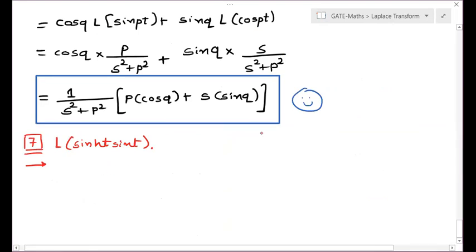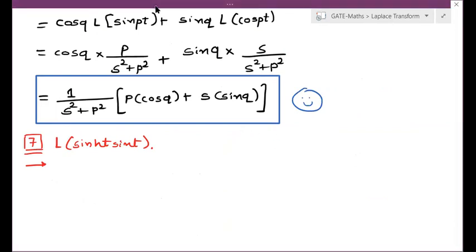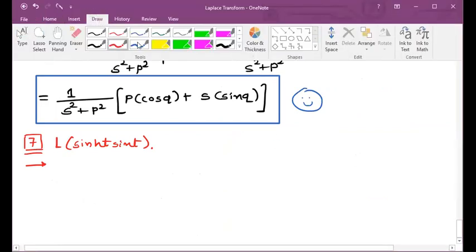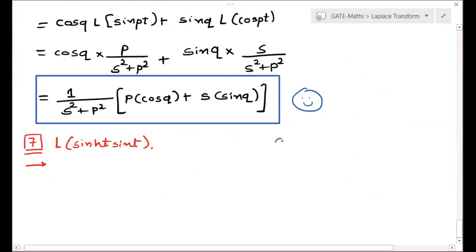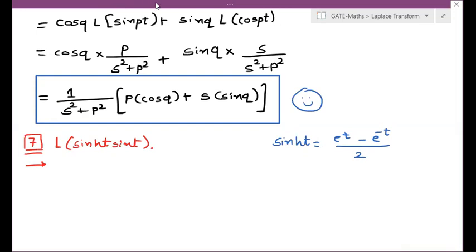Here we have sinh t, so sinh t will become e to the power t minus e to the power minus t divided by 2. Because for sinh at it was e to the power at minus e to the power minus at by 2, and since it is t, it is e to the power t minus e to the power minus t by 2.